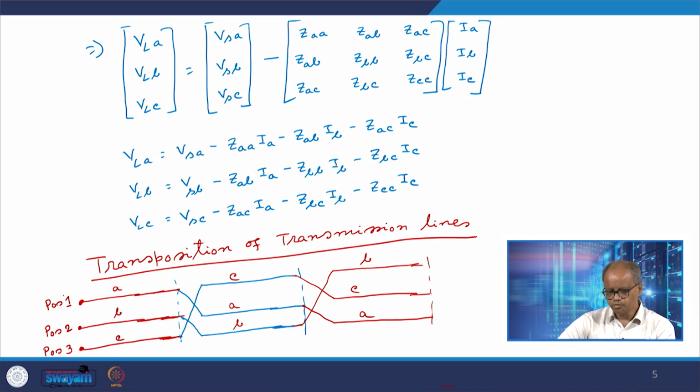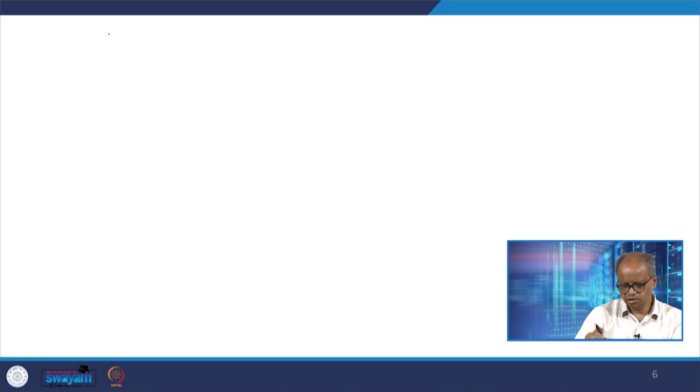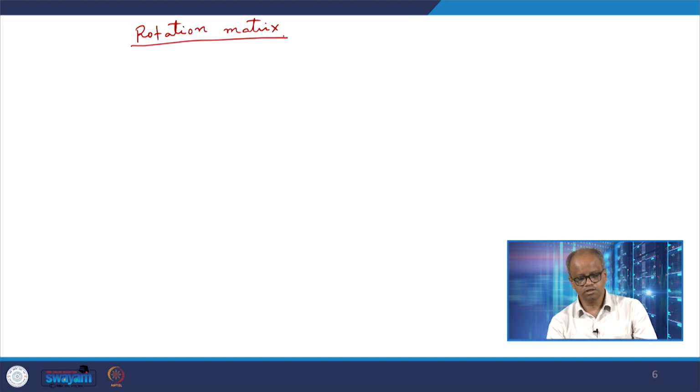To do that, we will introduce a matrix. That matrix is actually called the rotation matrix, and it represents the transposition of the line.